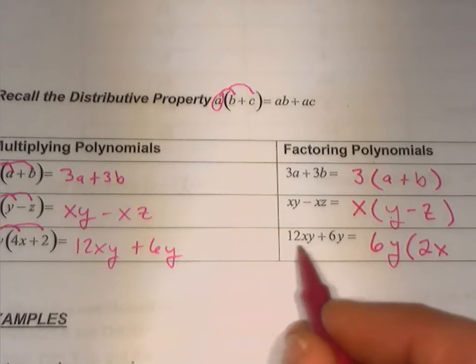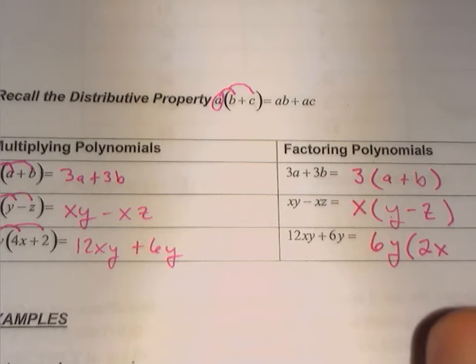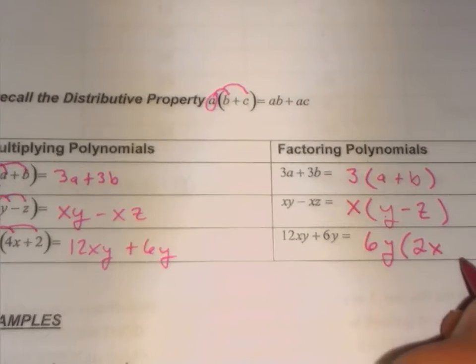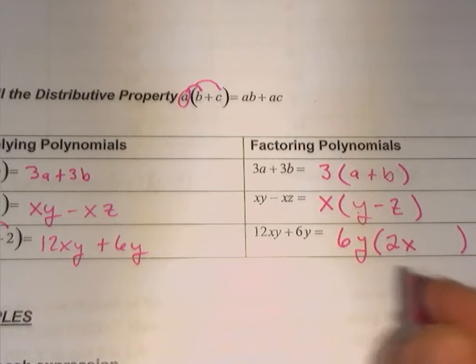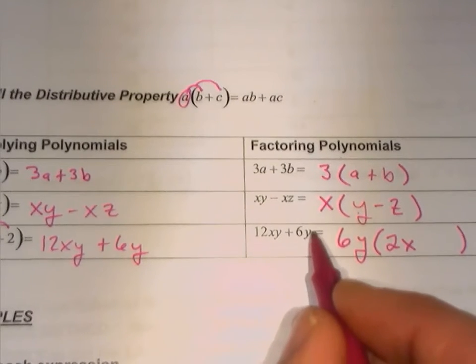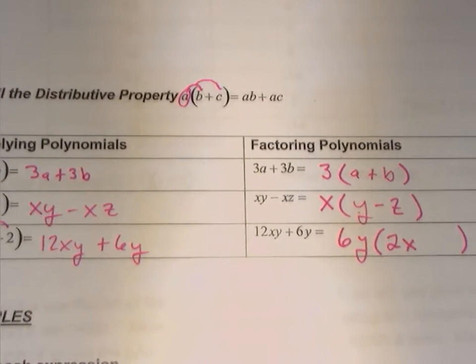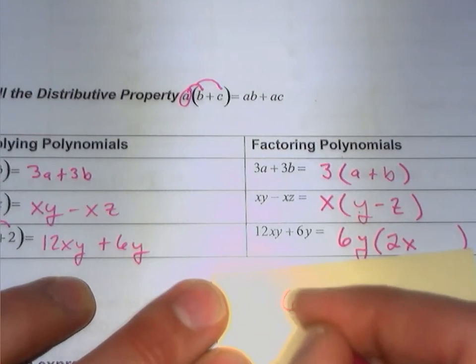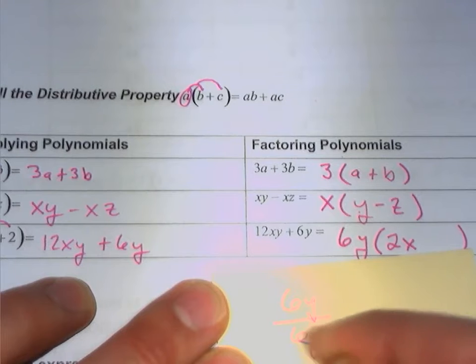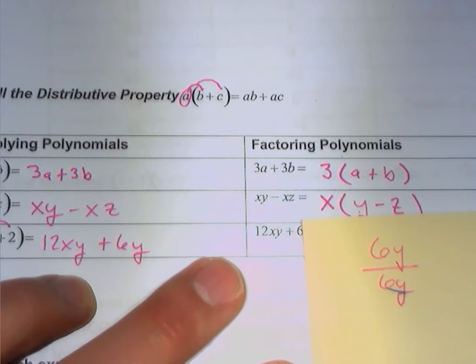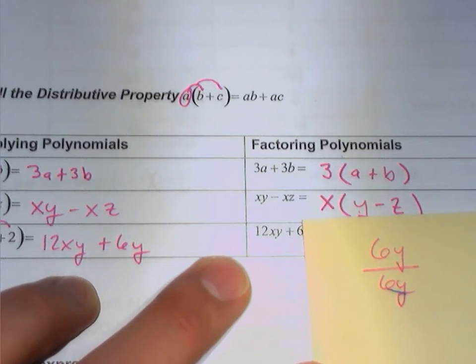And now, if there's 2 terms here, you have to have 2 terms on the inside of this. So think about what happens if you take 6y and divide it by 6y. What's 6y divided by itself?